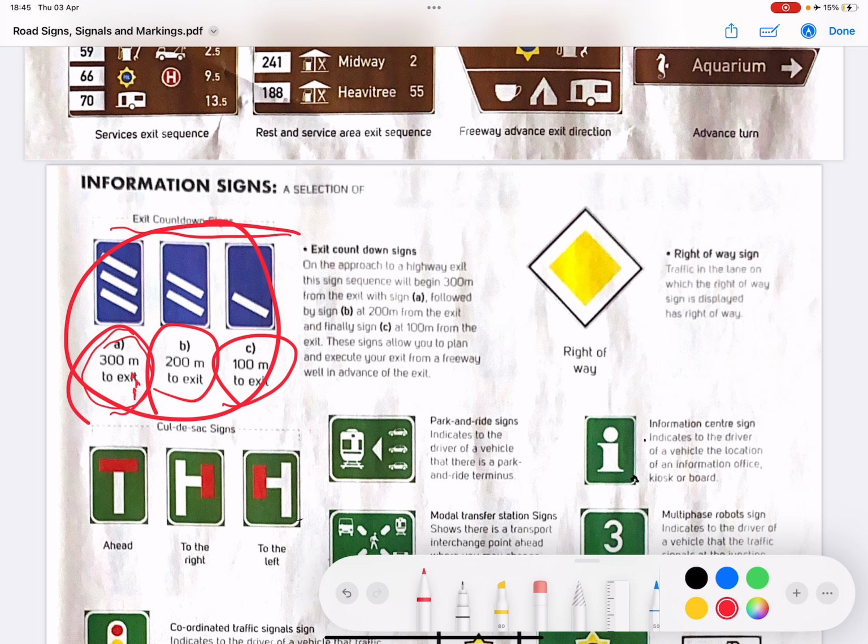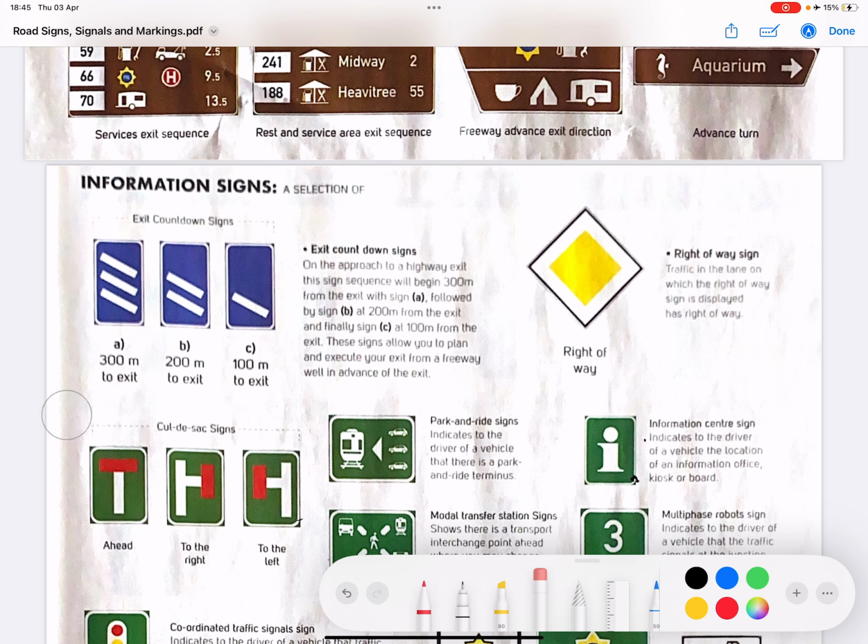So these boards, they help you to do what? They help you to slow down because you are about to exit the road. Okay. And then, so each bar there represents 100 meters.